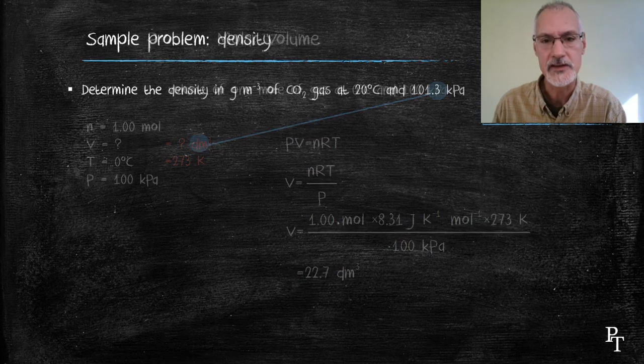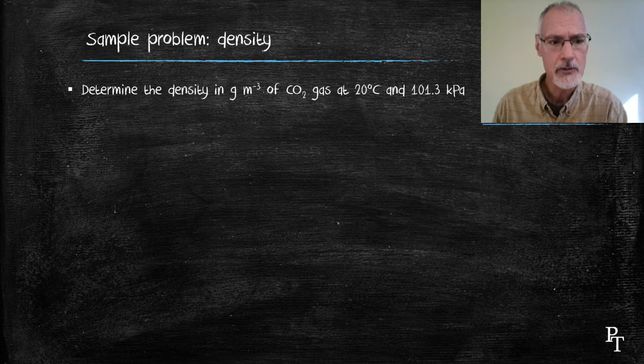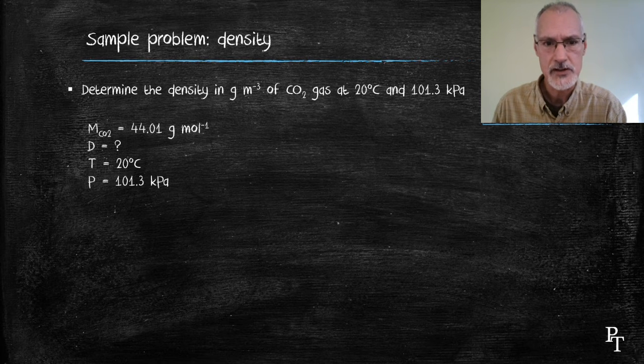Let's look at a problem involving the density of a gas. I want to determine the density in grams per cubic meter of carbon dioxide gas at 20 degrees Celsius and 101.3 kilopascals. I'm going to list my given information. Since I know the gas is carbon dioxide, I've incorporated its molar mass here. I would like to know its density, temperature 20, and 101 kilopascals.